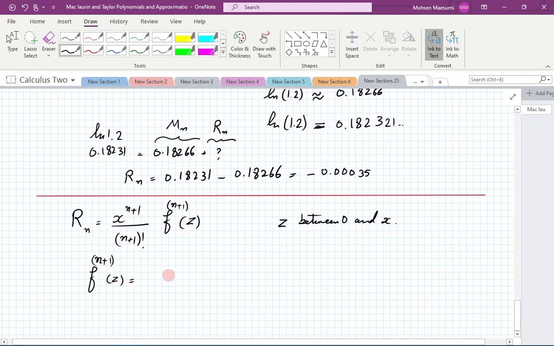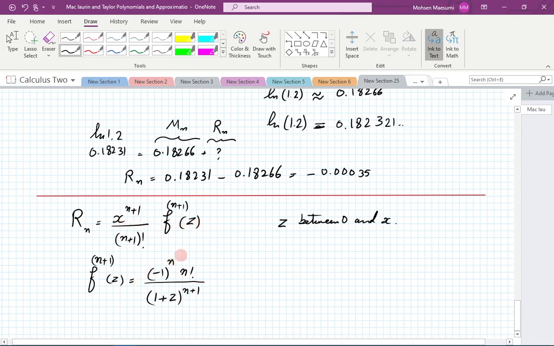That is going to be minus 1 to the power of n factorial over 1 plus z to the power of n plus 1. This is particular to the problem that we are looking at.